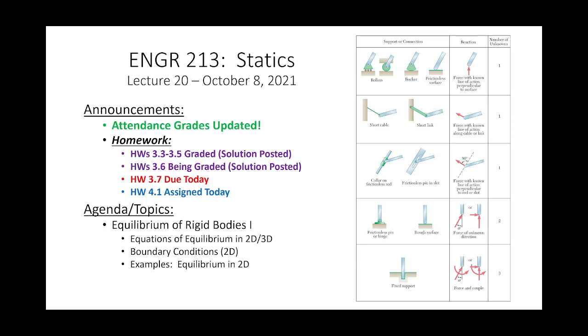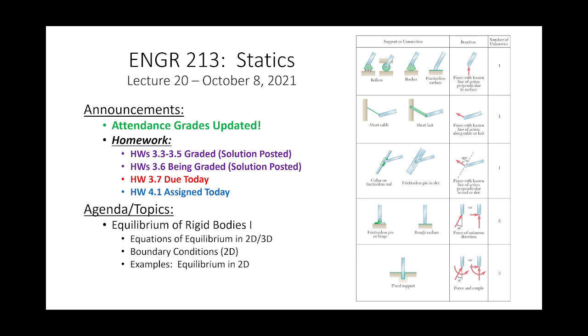So now what we need to do is static equilibrium of rigid bodies. Now not only are we dealing with the sum of forces being equal to zero, we have to consider the sum of moments being equal to zero. And usually the external forces required to keep the structure in equilibrium come in the form of what are called support reactions.